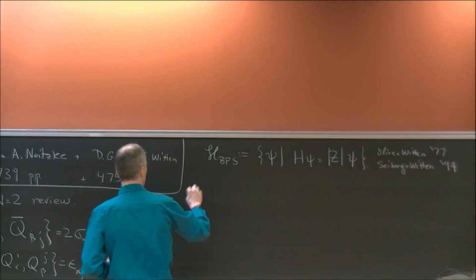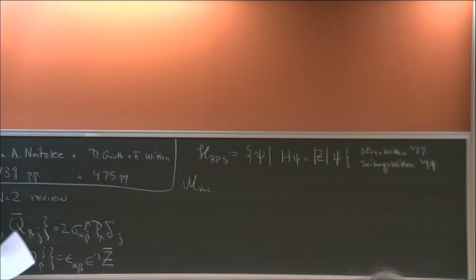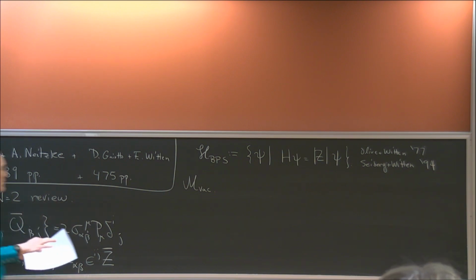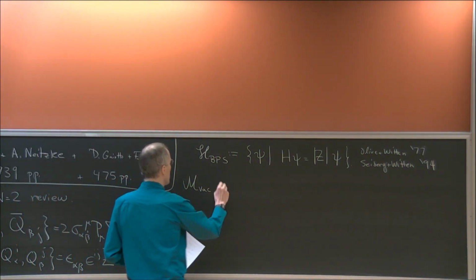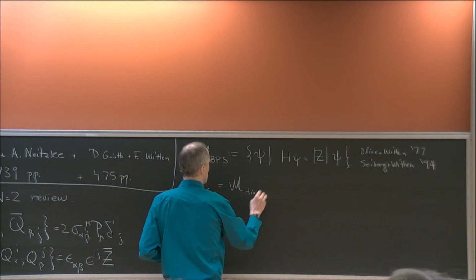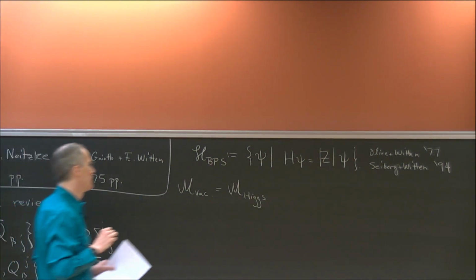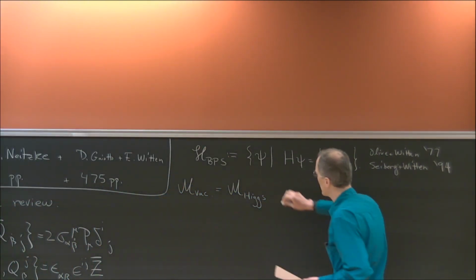Now, these theories have a moduli space of vacua on 4-dimensional Minkowski space, which is a little unusual for quantum field theories. There's a whole space of possible Lorentz invariant vacua, and it has many components, not exactly connected components, because they're connected, but subspaces.